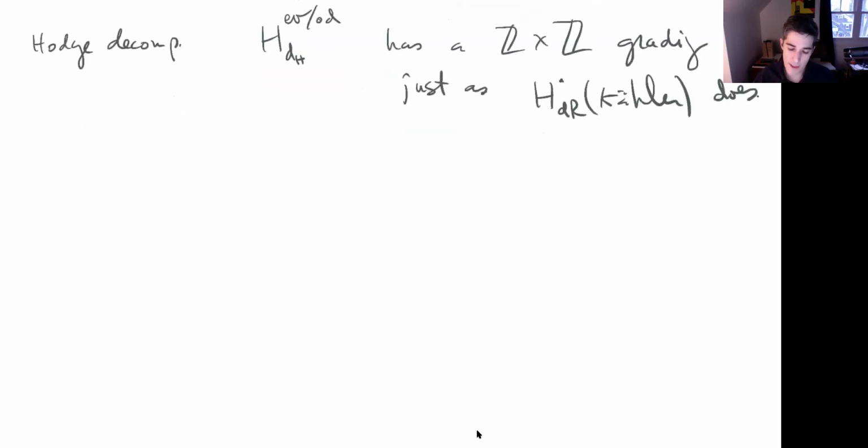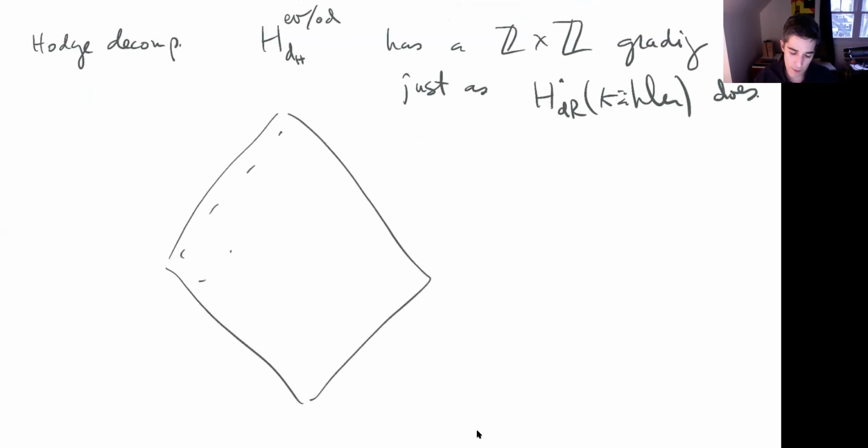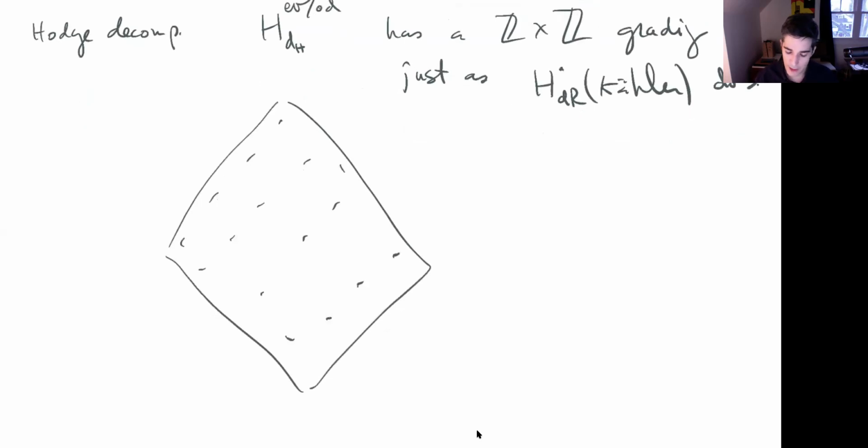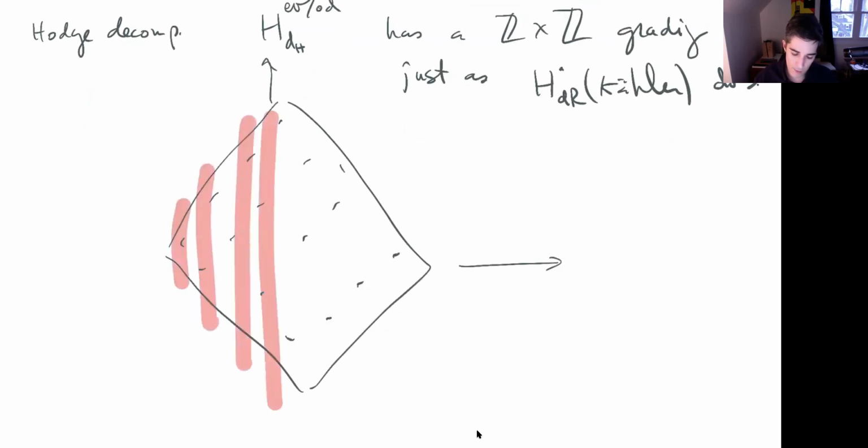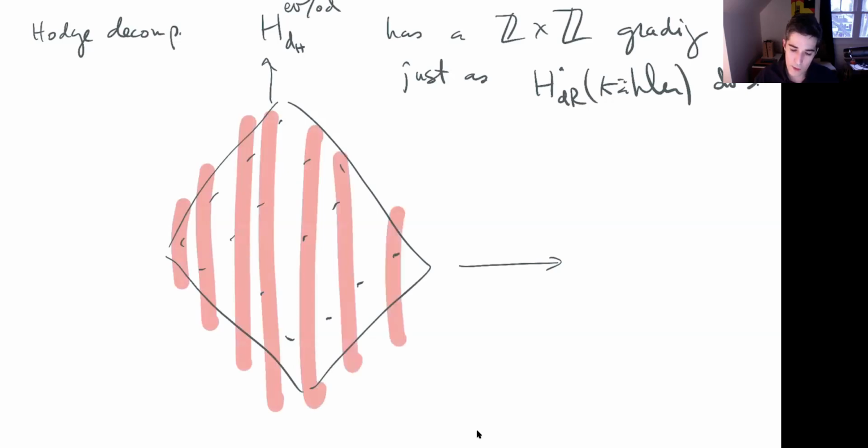Okay, and so you can draw a Hodge diamond. Basically you can have an axis like this, where if you cut the diagram like this, this is the JA cohomology.